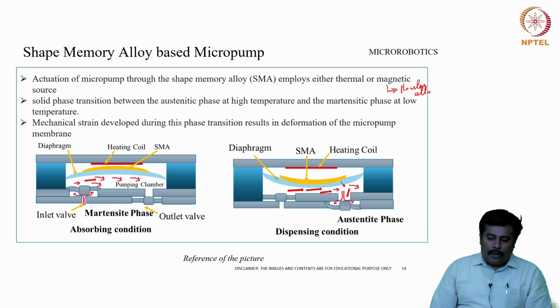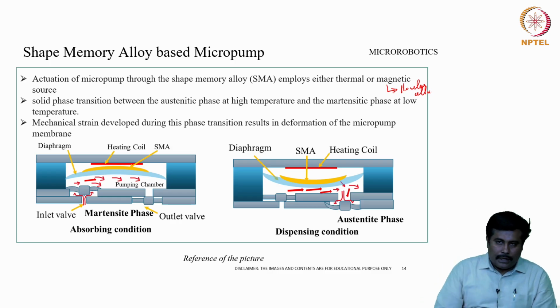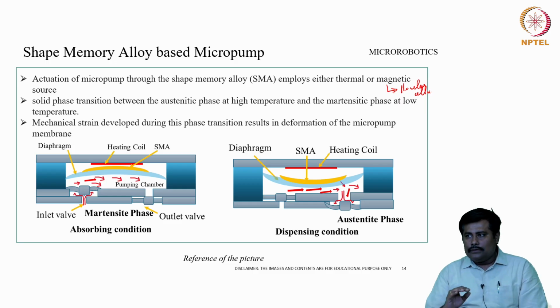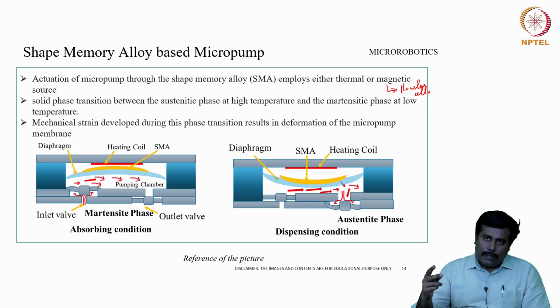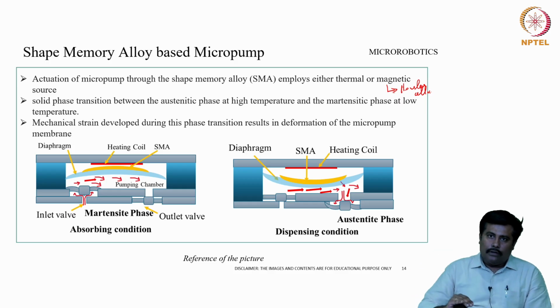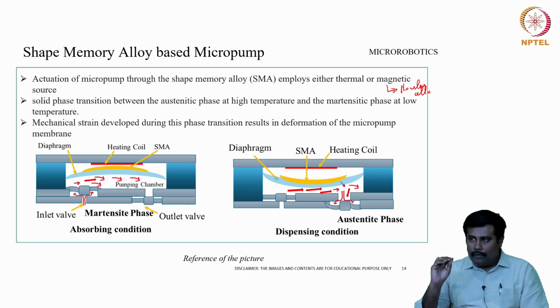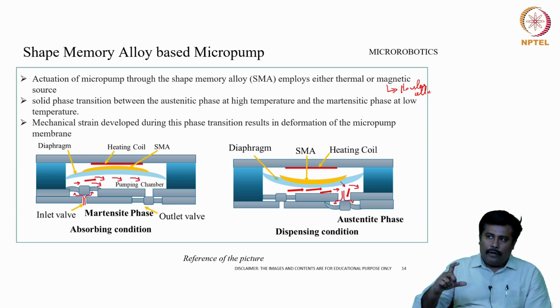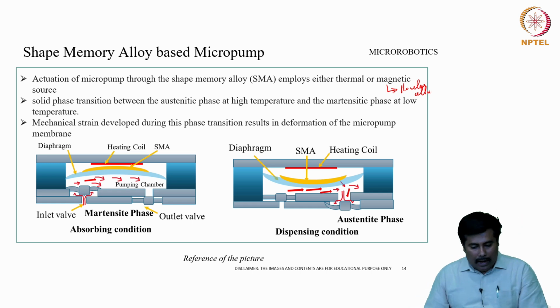As far as these actuations are concerned for a shape memory alloy, we have a switching between the austenite behavior and the martensite behavior. Based on the switching between the austenite behavior and the martensite behavior, appropriately there is going to be an actuation, and there will also be a deflection which happens.